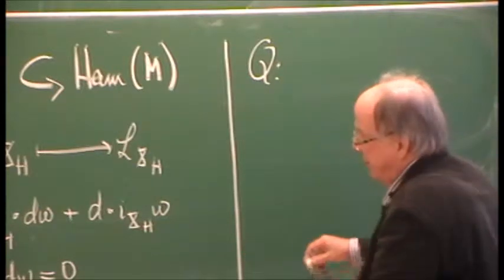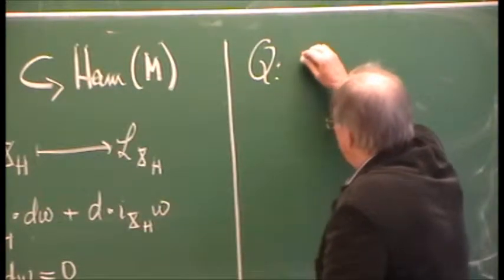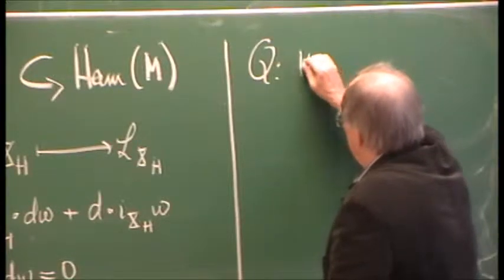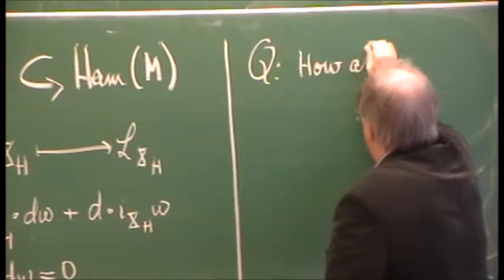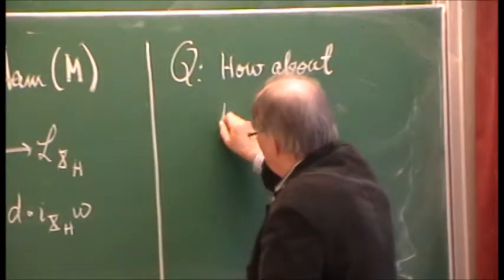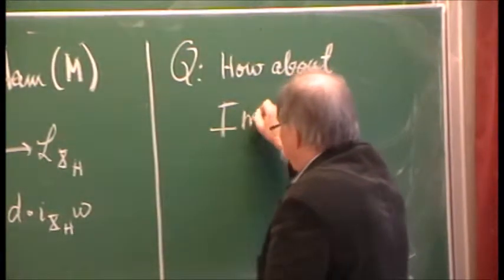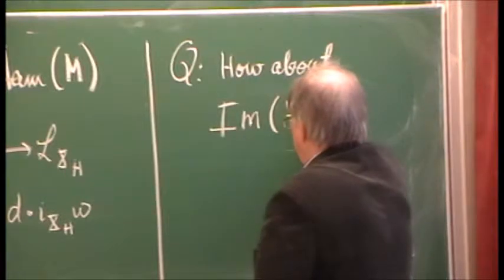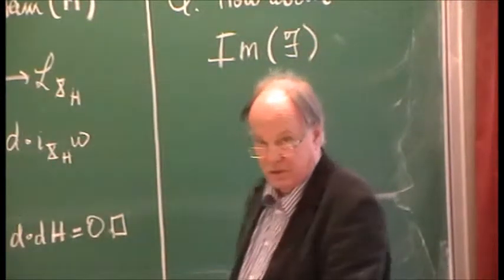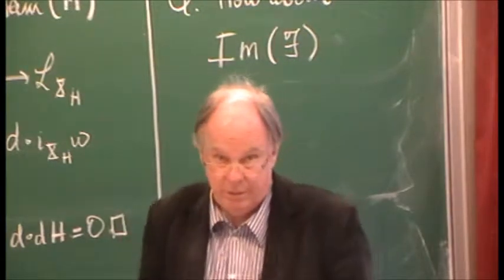So now the question is, how about the image? I have to understand what is the image of this thing. It might not be everything, and it is definitely in certain cases not everything.